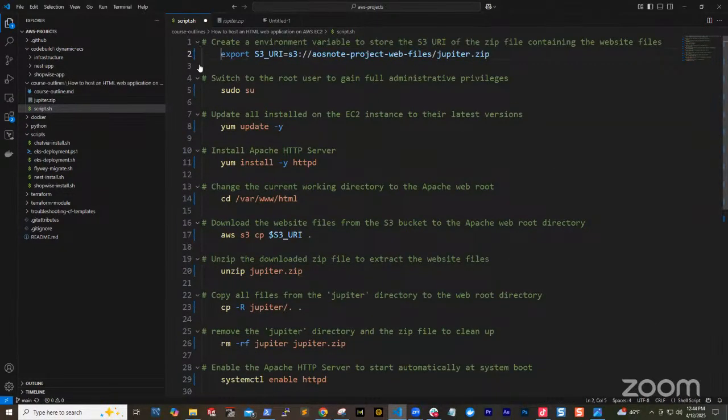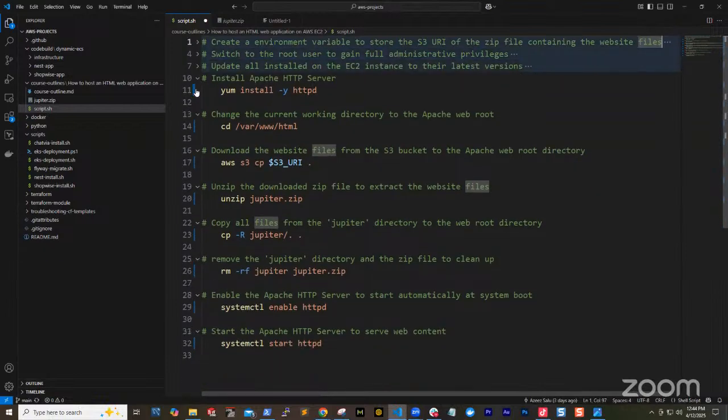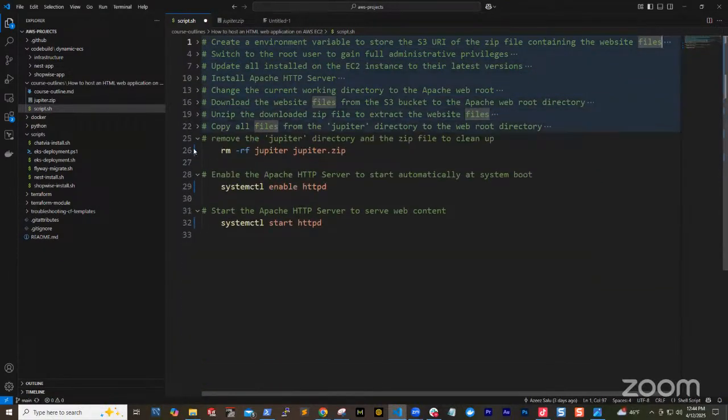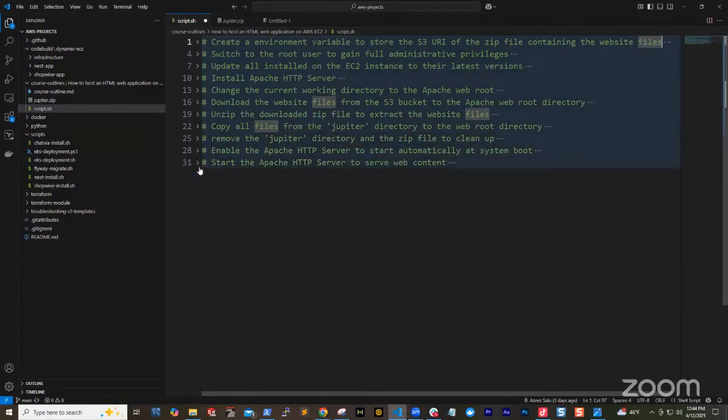All right, so this is where your script starts from. Does this make sense now? You are trying to do something. So in this project, I want to deploy an application on an EC2 instance.